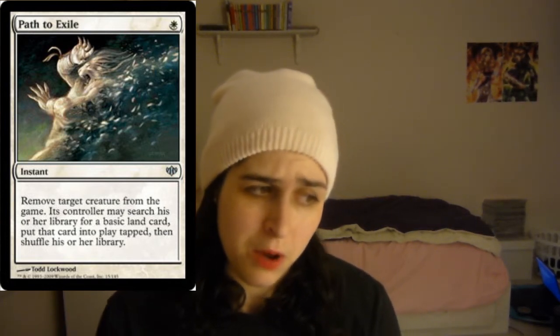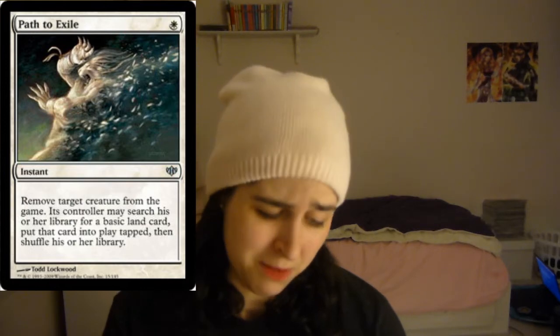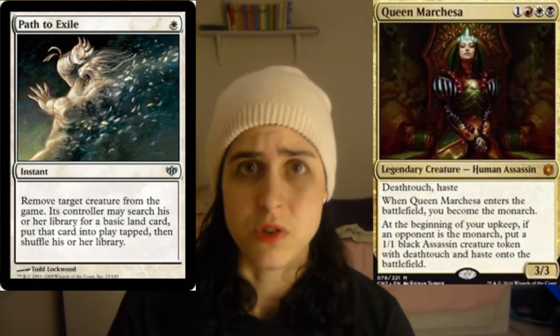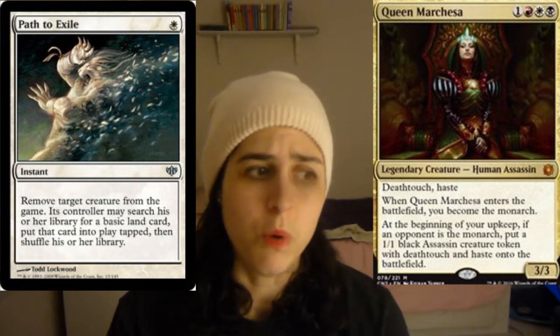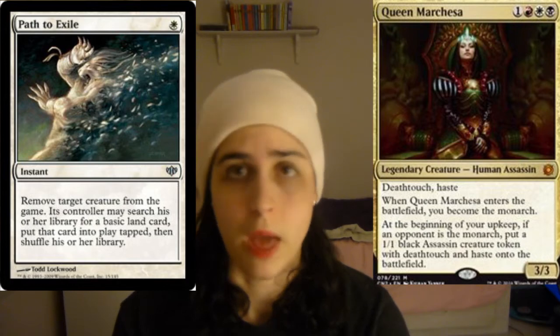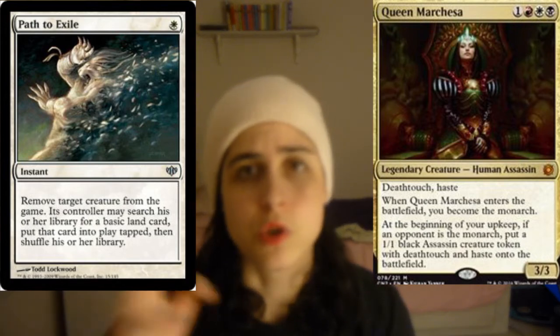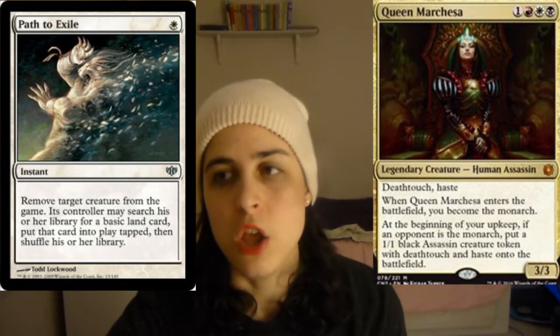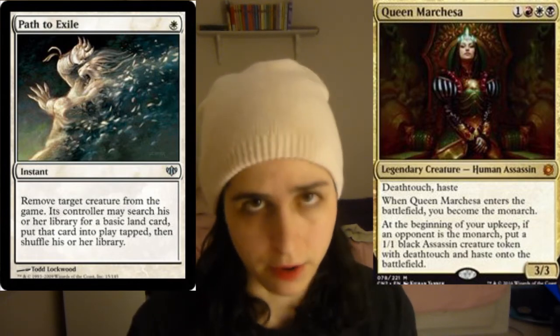But then say you're like, well, you know what, instead of running Path to Exile, I'm gonna run Queen Marchesa. Well, okay, these cards do totally different things. So one, you're tossing off your mana base because you're going from 1 mana to 4 mana. You're running more colors versus one color, you're going from an instant to a creature, and the cards do entirely different things.